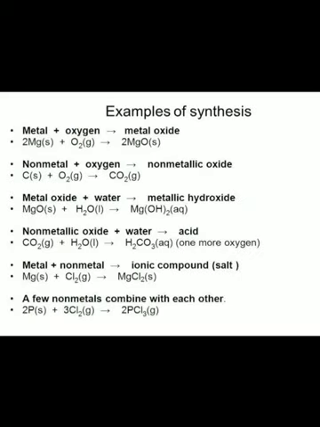Now we discuss some other examples of combination reaction, that is, oxidation of metals and non-metals. From the figure you can see that when a metal reacts with oxygen, it forms a metallic oxide. For example, magnesium reacts with oxygen to give magnesium oxide.